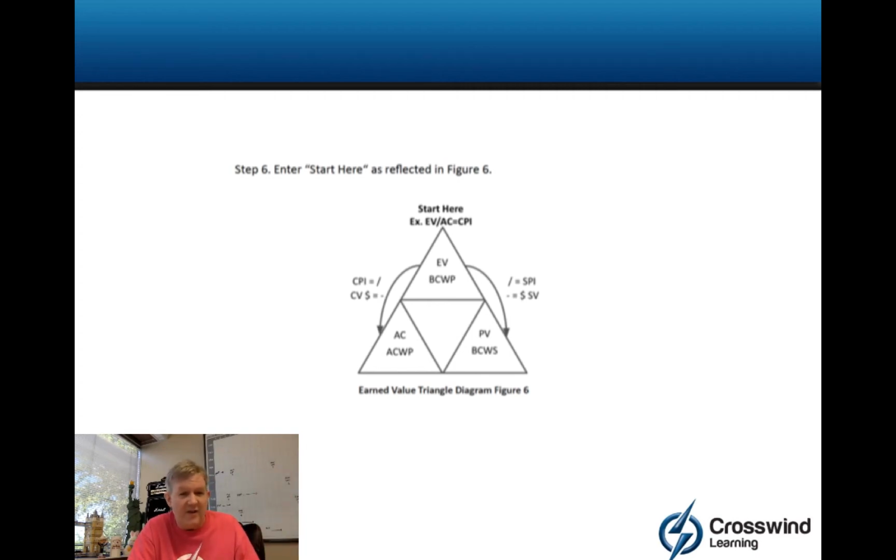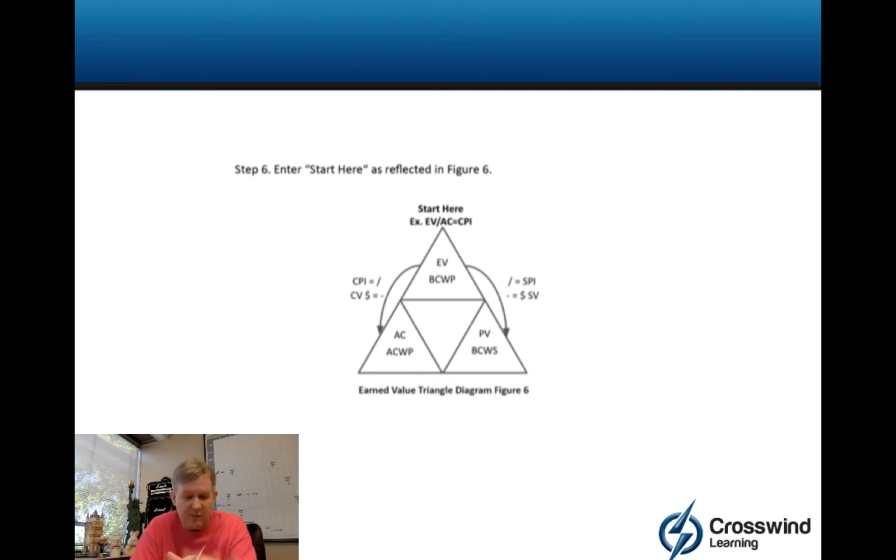You have your math functions, divide, subtract, so D, then S, alphabetical. Going from left to right, you have CPI and SPI. You have CV and SV, left to right, alphabetical as well. So that's how you draw this diagram, and then on the test, if you need to reference it, you can see, well, I take EV and I divide AC, and that gets me my CPI, for example.